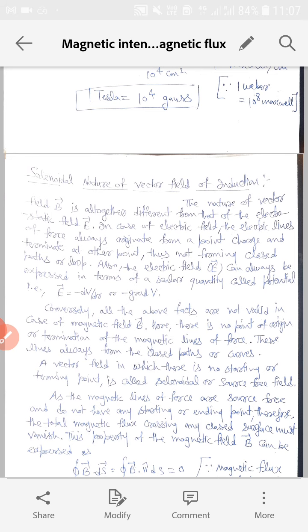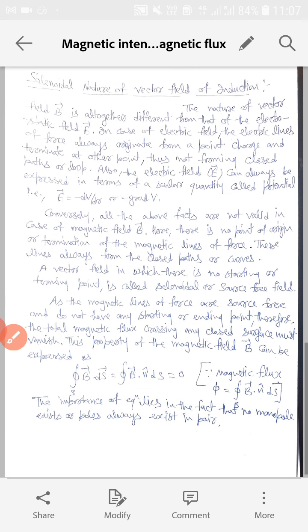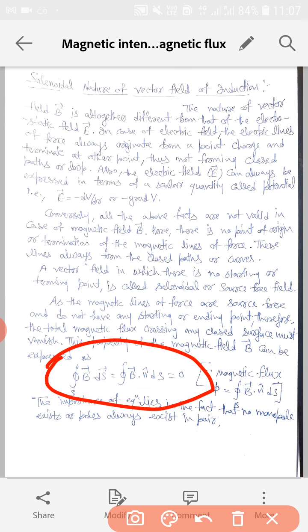This property of the magnetic field can be expressed as the surface integral of the magnetic field vector B dot ds, where the vector ds is written as n cap ds, and it will be 0 because of the solenoidal nature.